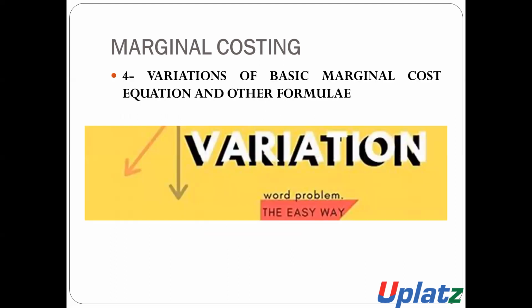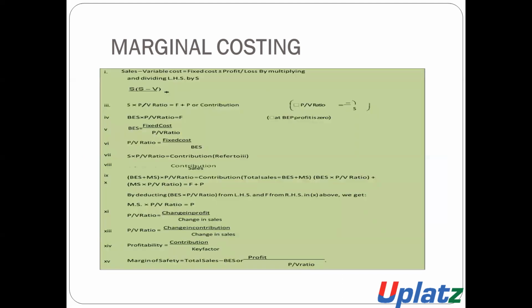Now we will discuss the variations of the basic marginal cost equation and other formulas. Sales minus variable cost is equal to fixed cost plus or minus profit or loss.